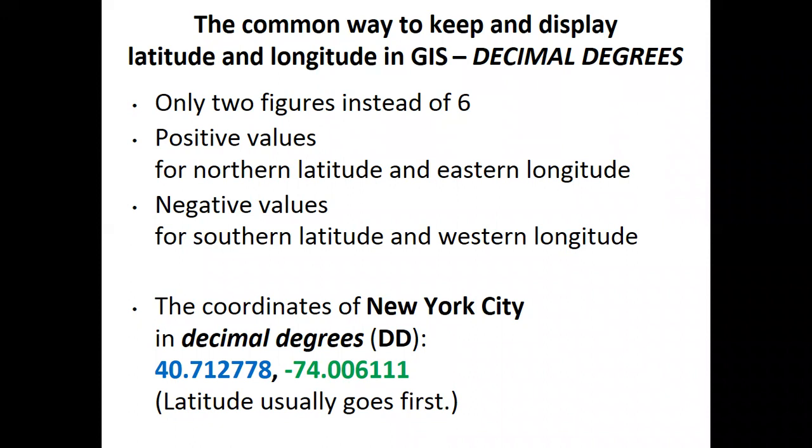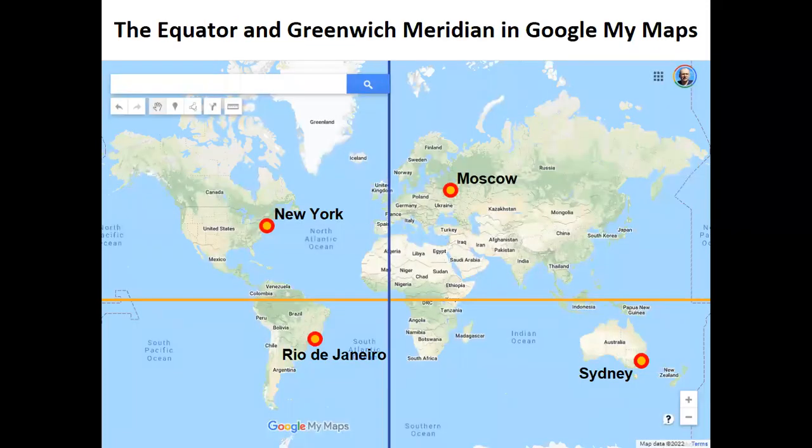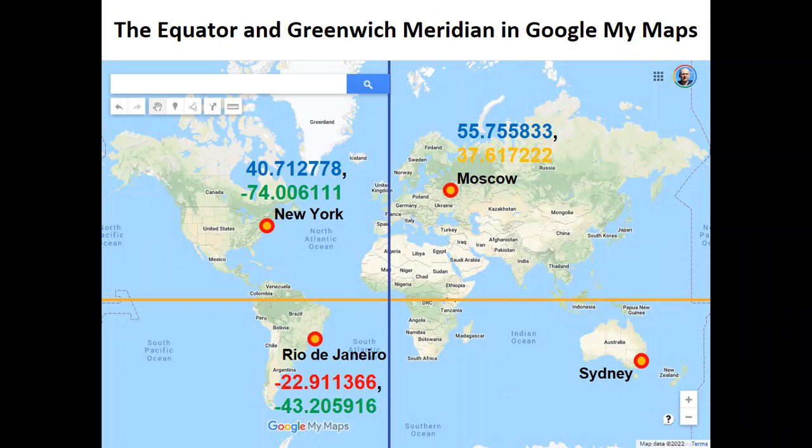Only two digits, one positive because it is the northern hemisphere, and longitude is negative. Latitude usually goes first and longitude second. So it is much easier to handle only two figures. And also for large cities from various hemispheres, you could record the geographic coordinates as two figures in decimal degrees.